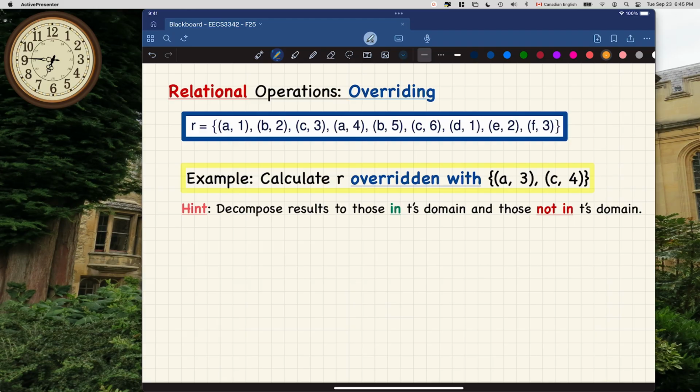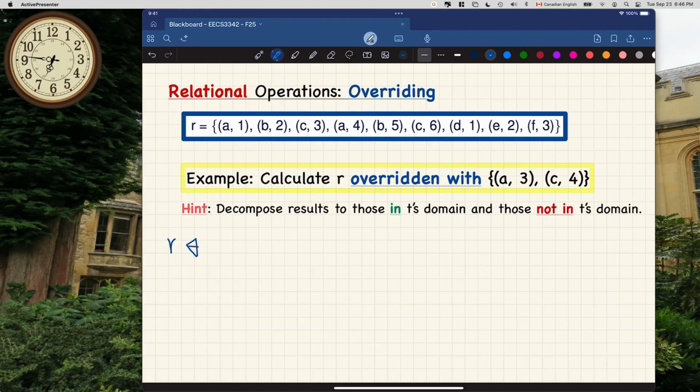Let's take a look. Again, we got some relation, and the symbol goes like this. I have the relation R here, and then I want to say overridden by, so it's a triangle this way, a little bit like a domain restriction, but with a minus here. Notice the horizontal bar doesn't go across like this, because that would be domain subtraction.